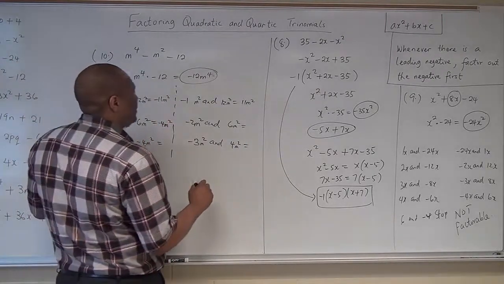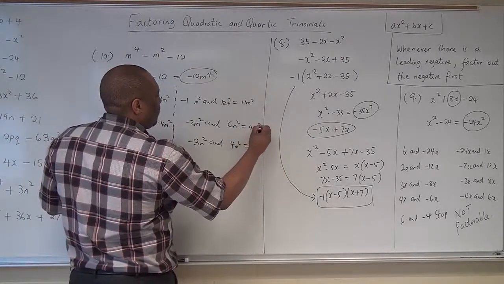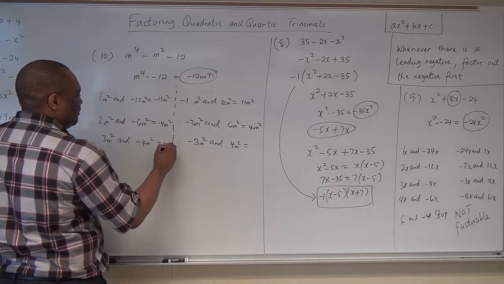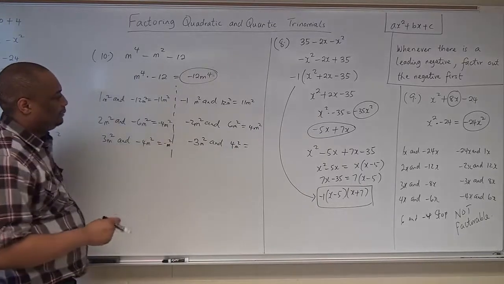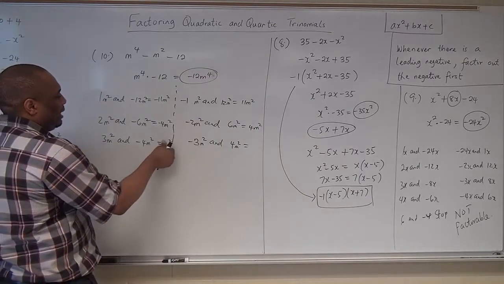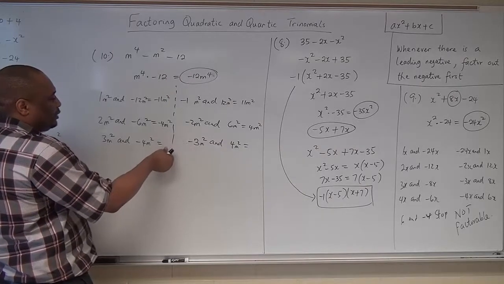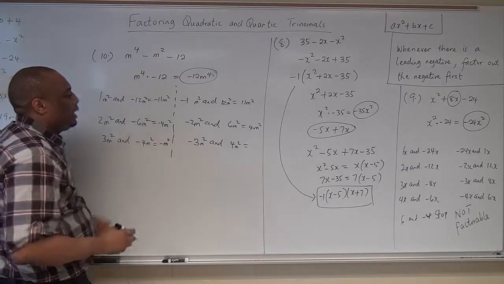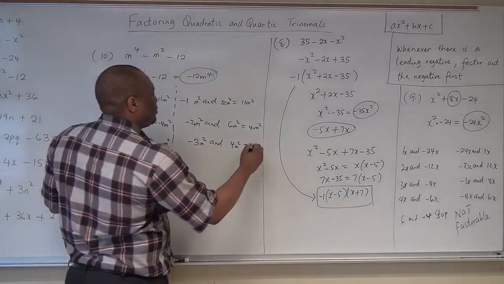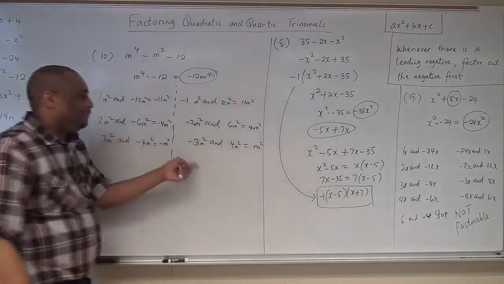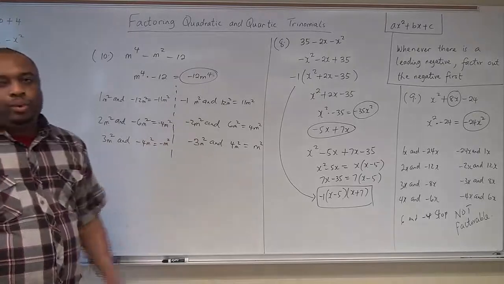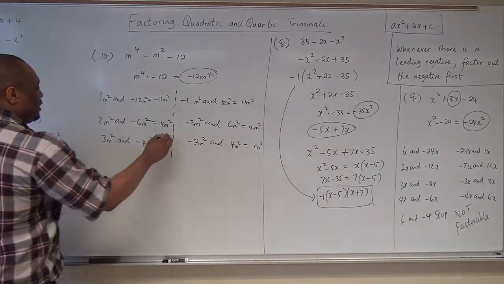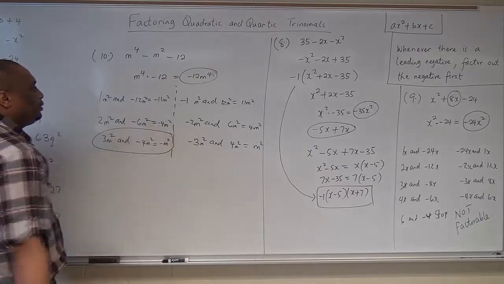Negative 2 plus 6 is 4 m squared. 3 minus 4 is minus m squared, whether you say minus m squared or minus 1 m squared, it's the same thing. Negative 3 plus 4 is m squared. So which factor will work? This factor is what we will use.